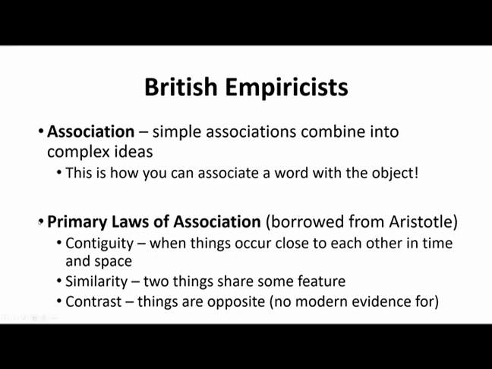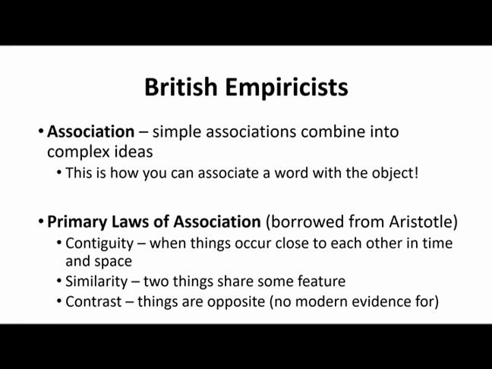Now we can talk about both the primary laws and secondary laws of association. Our primary laws of association are actually borrowed from Aristotle, so these came from much, much longer ago, but they seem to fit with the British empiricists' ideas of association, and so they adopted them. So we can look at contiguity, similarity, and contrast, and these are basically determining how we form associations or links between different things.